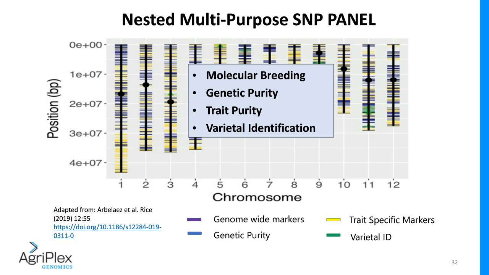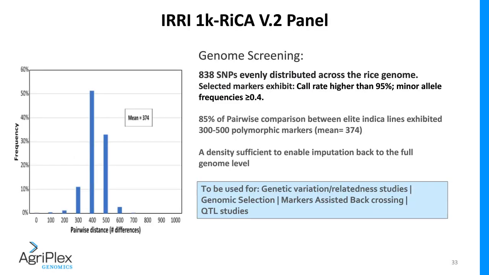The bulk of the SNPs in this panel, 838 of them, are SNPs that were chosen because they are evenly distributed across the genome, and they were selected for genomic screening. Those markers are based on their robustness that manifests itself in a high call rate.